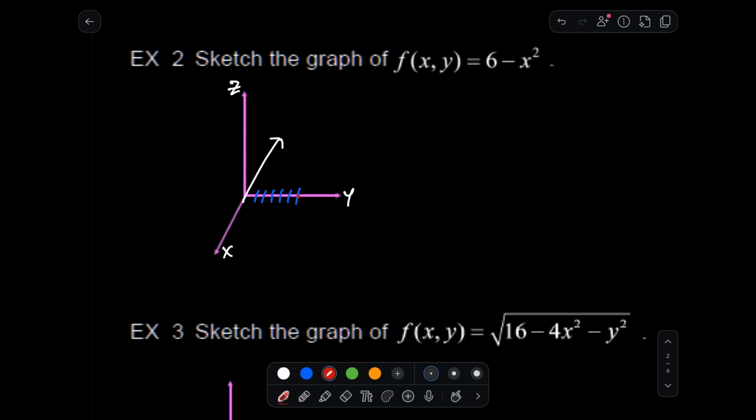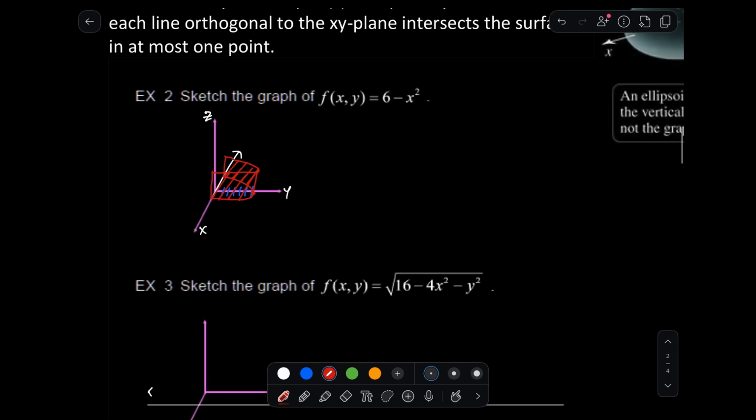So this should be going like that, and then like that. And then lift it up, and you can shade it in. Like that. And that's how you would get the graph for this, right?